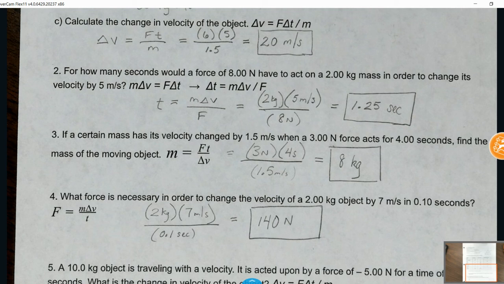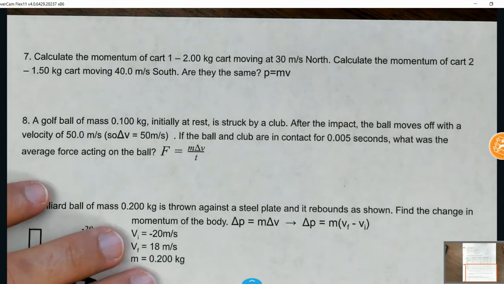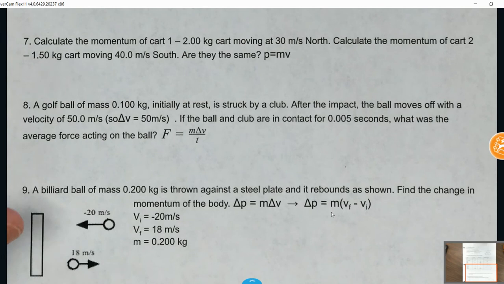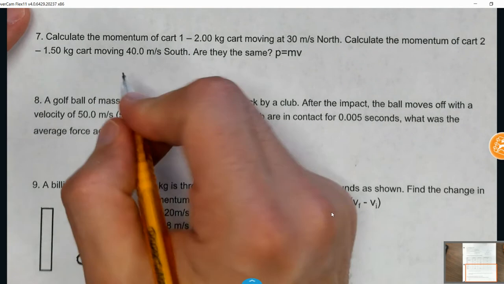So for 5 and 6, they're just like one of those 4 problems, right? So if we flip it over, number 7 is actually, I like this one because it makes you just have a quick think. Calculate the momentum of cart 1.